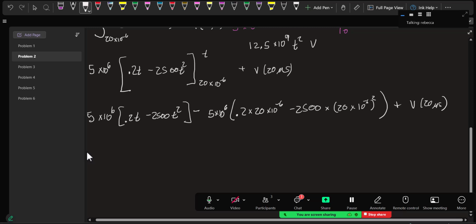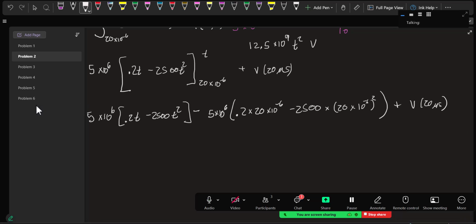Now if I distribute this 5 million, I get 1 million t minus 12.5 times 10 to the 9th t squared.